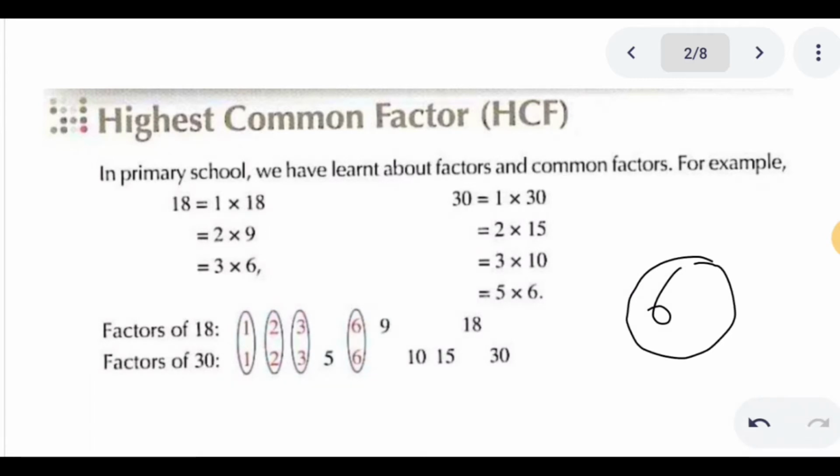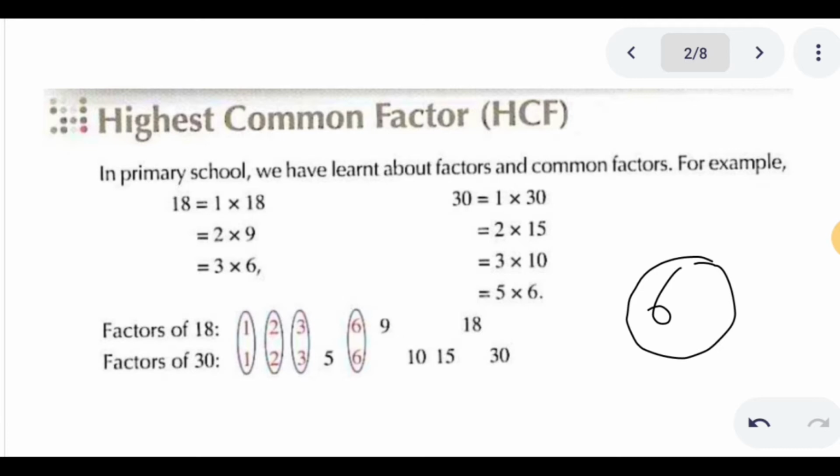So this is the way you can find the HCF of two numbers, by simply listing the factors and then picking the highest common factor from these two numbers. But this is quite easy if the numbers are very small, like 18 and 30.